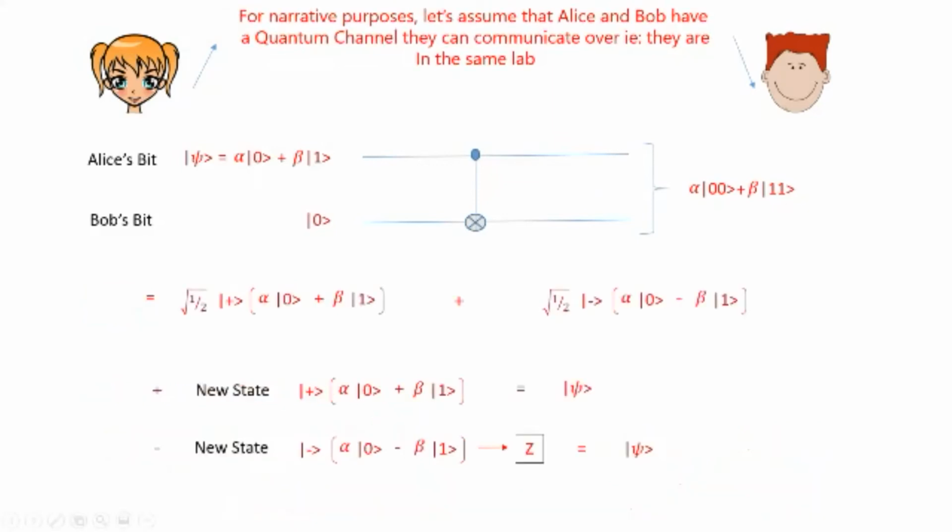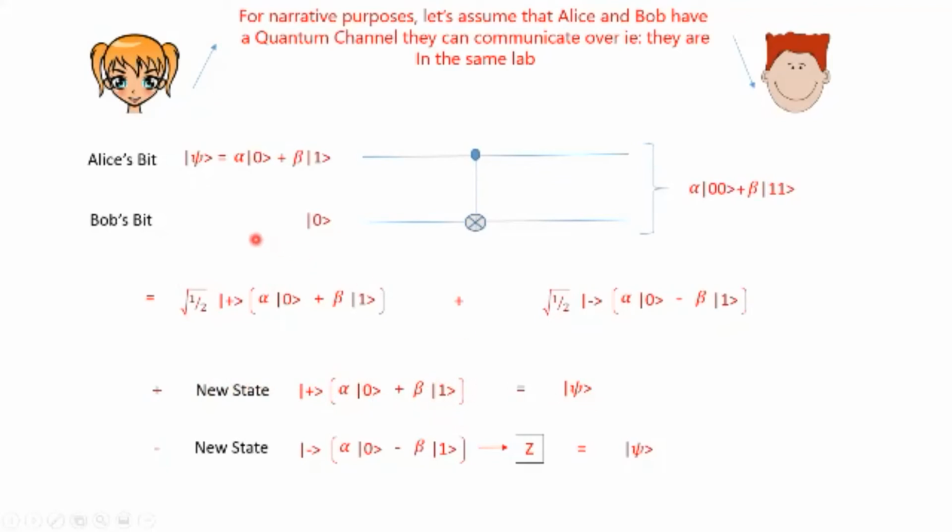So again, we've got this from the previous, so we can see here we've got it. We've measured it in the sign basis. So we have this equation here, just from the previous page. Now, if Alice measures it and it's a plus, sorry, I said 1 or 0 before, it'll be a plus or a minus, the first qubit will be a plus ket, and the second qubit will be what we want it to be.